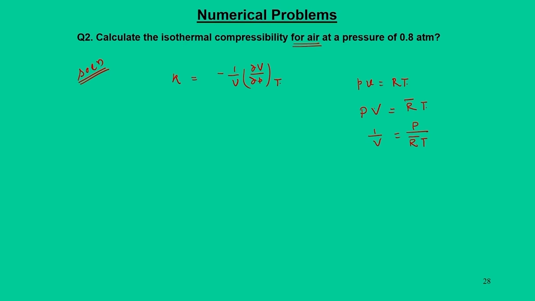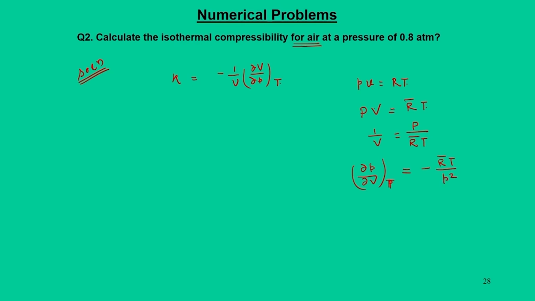From these we can write dP/dV at constant T, that is nothing but −R̄T divided by P².